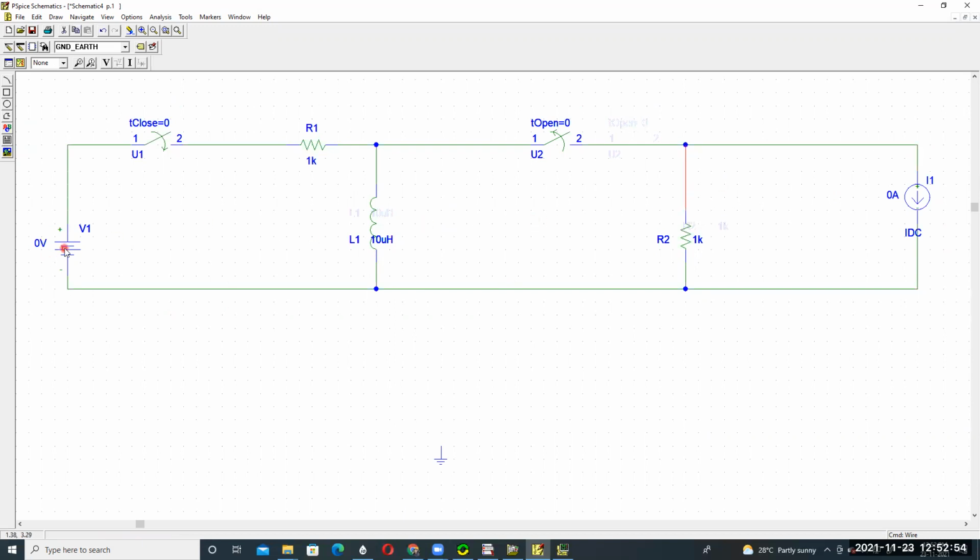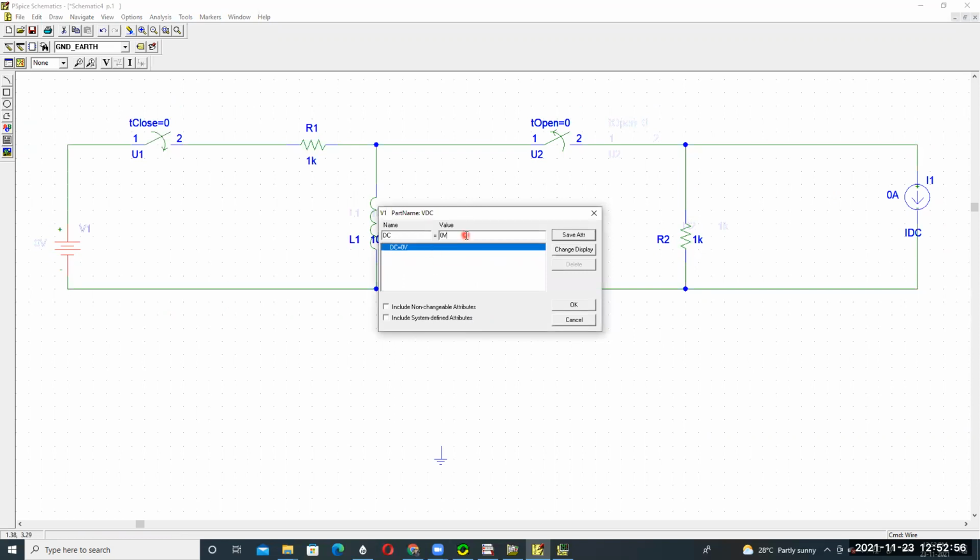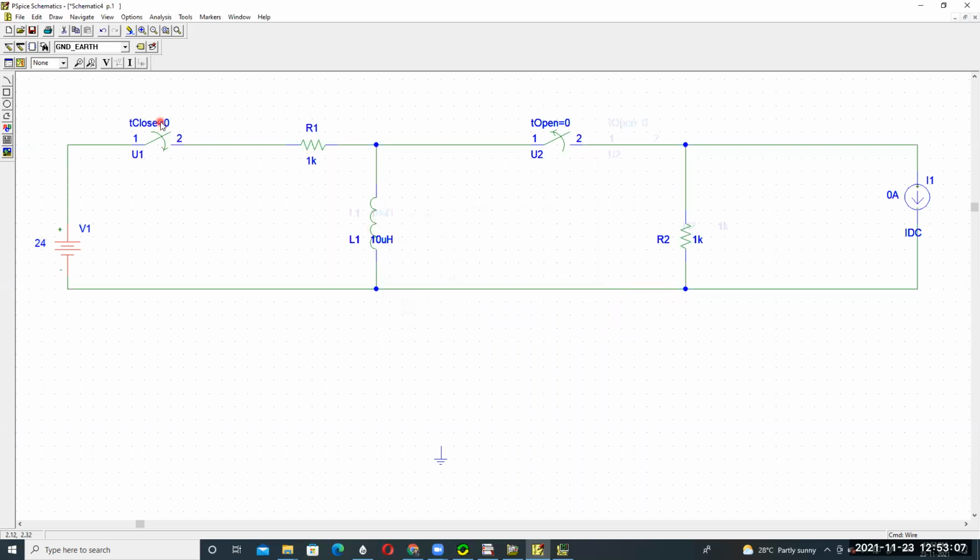Then adjust the values here. What is the voltage? 24 volts. And what is the time here? 0.2 seconds.